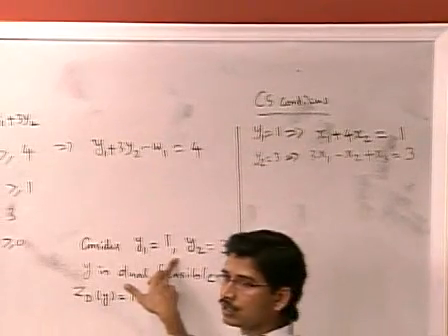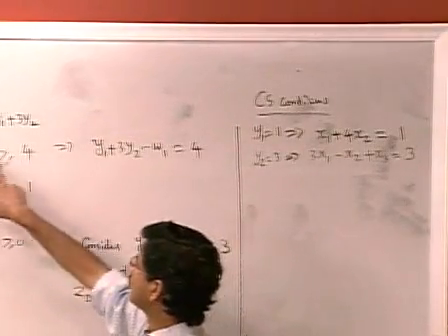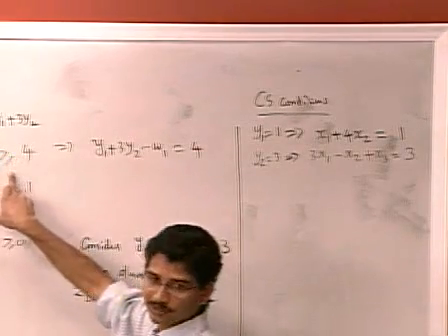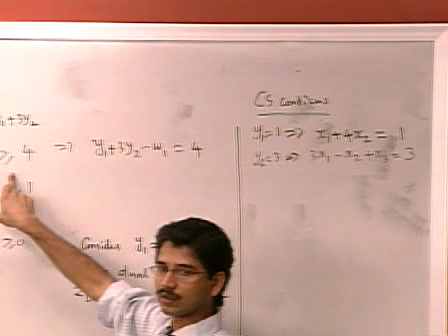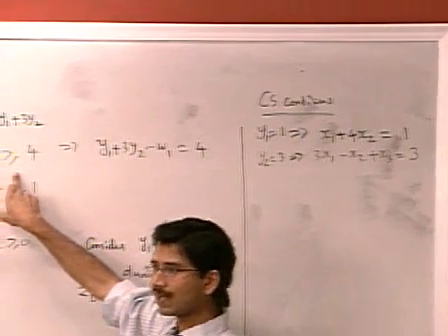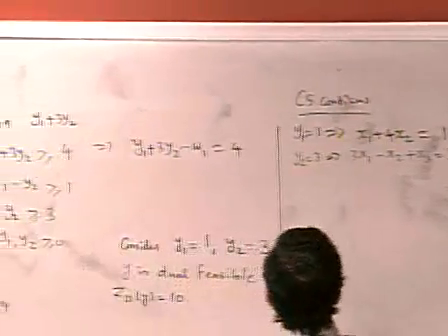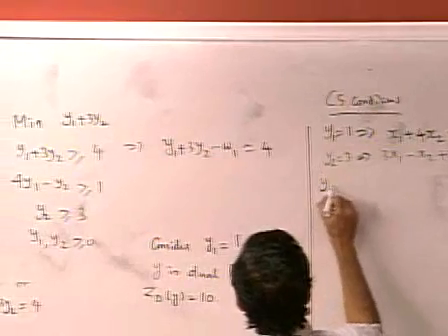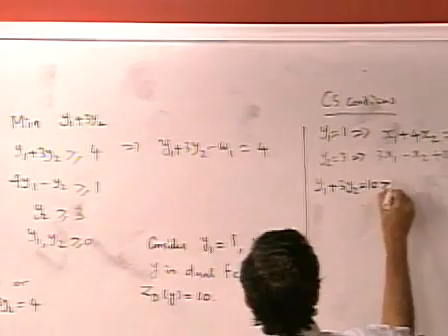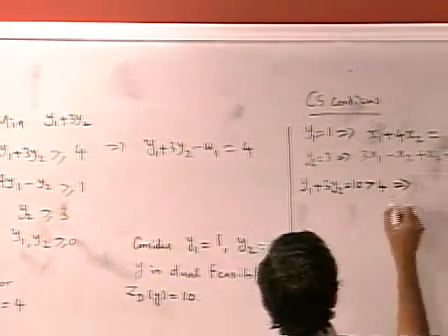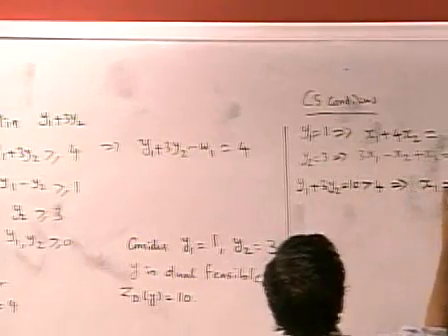So if this constraint is satisfied as a strict inequality, then what must be true? x1 has to be 0. So y1 plus 3y2 is 10, which is bigger than 4, and this implies x1 must be 0.